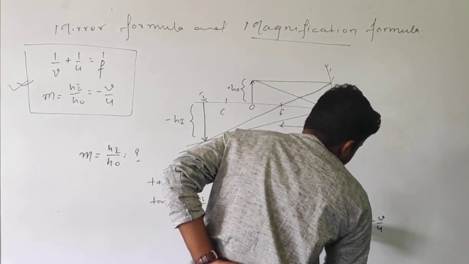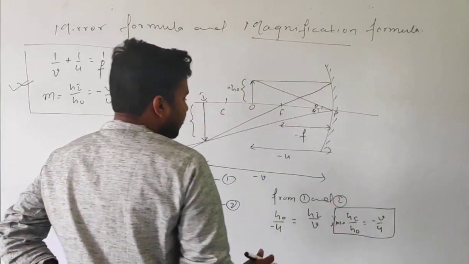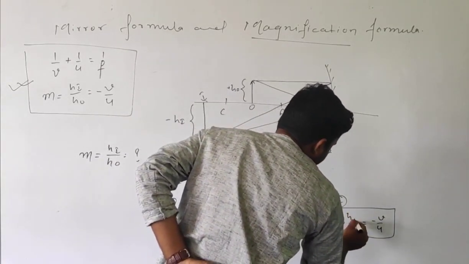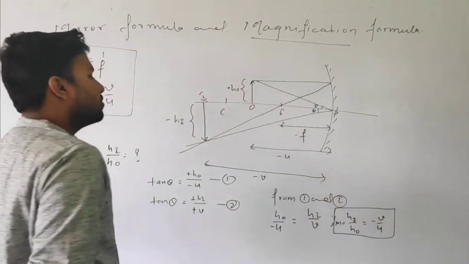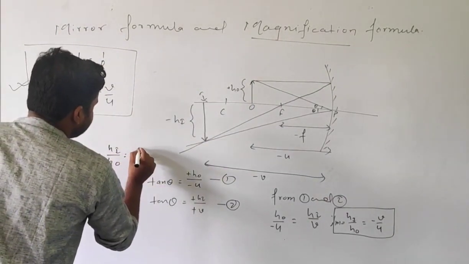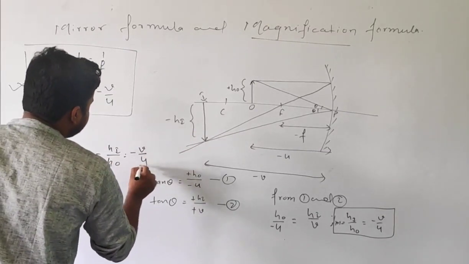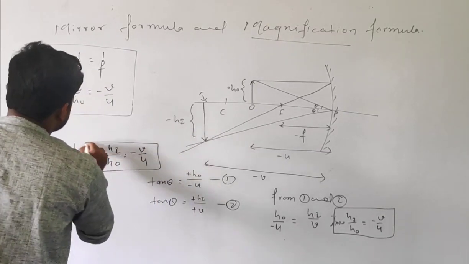So the relation in terms of v and u is minus v by u. It's an important formula, student.